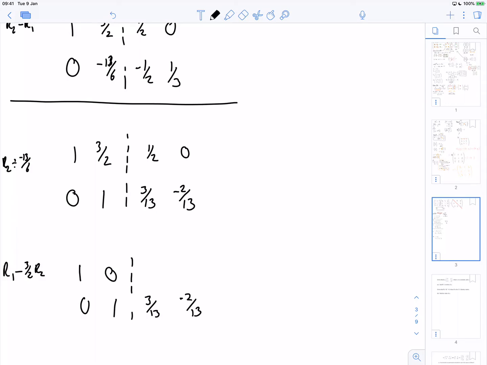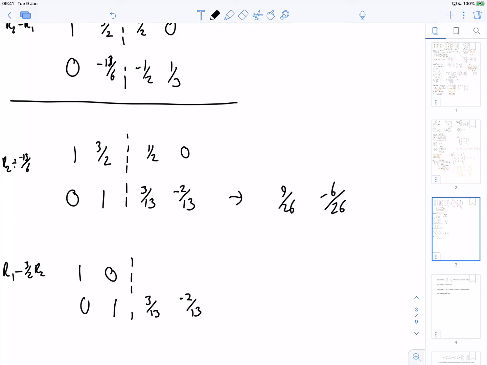But now, well, let's think about it. This row, if I times by 3 over 2, will become 9/26, and minus 2/13 times by 3 over 2 will be minus 6/26. Is that right?